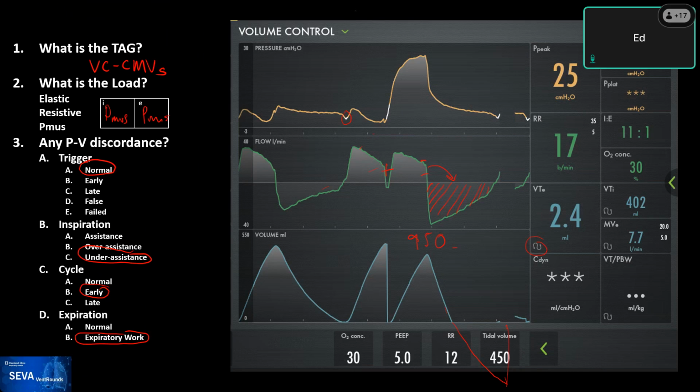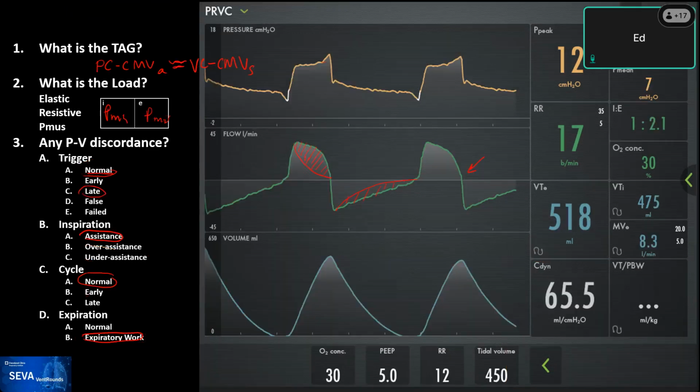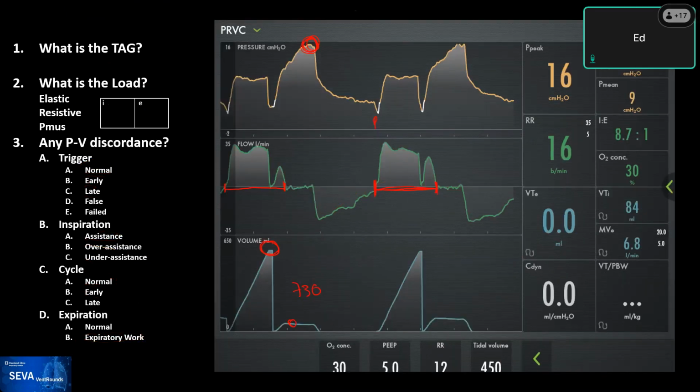So as you start thinking about the value proposition of in which mode it may be more dangerous to have a double trigger, we have to recognize that some of these may put you at risk of overdistension, volutrauma. This may put you at other risk in terms of the diaphragm or muscle trauma, if we want to discuss that.